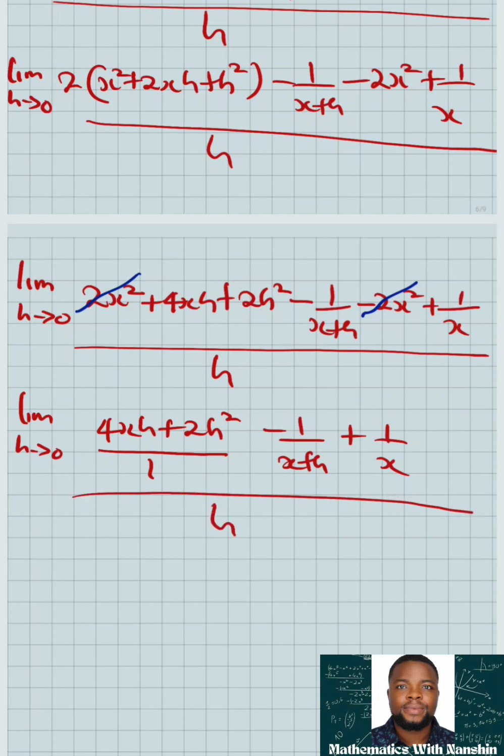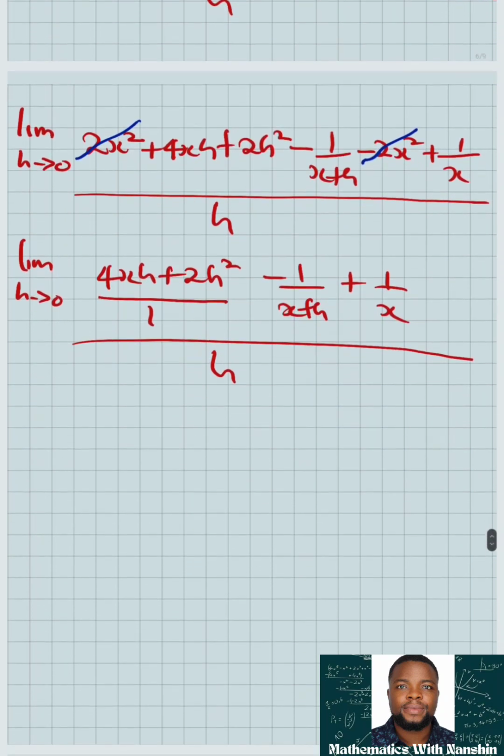Now, when we get the LCM of the fractions in the numerator, we can simplify that further. So let's do it. Limit as h approaches 0, 4xh plus 2h squared over 1 minus 1 over x plus h plus 1 over x.